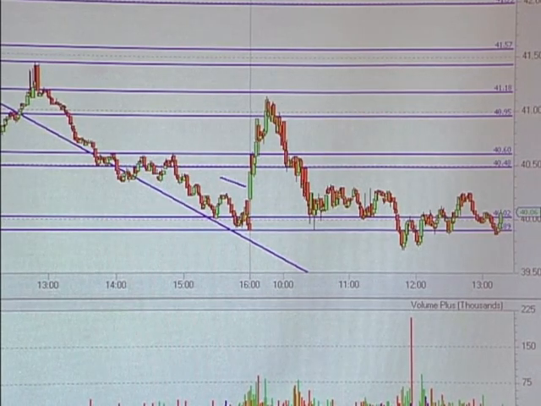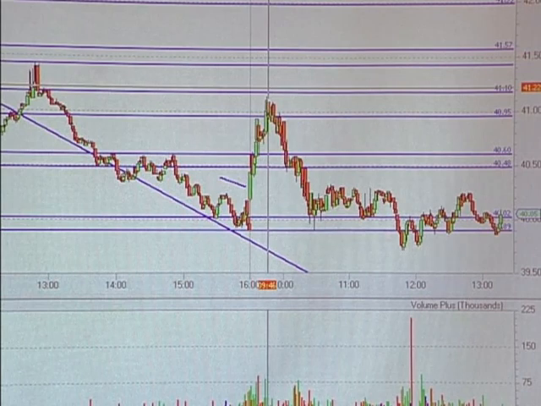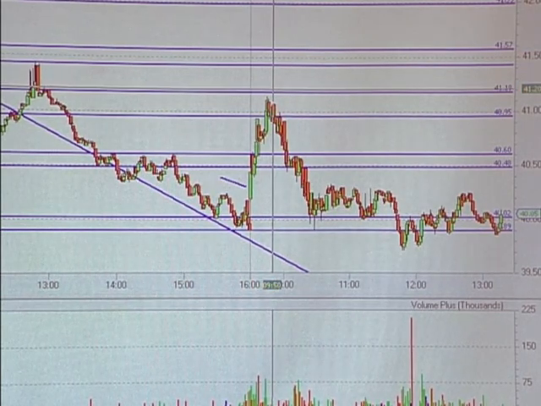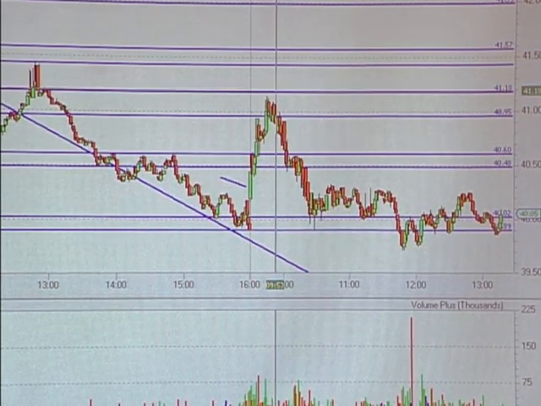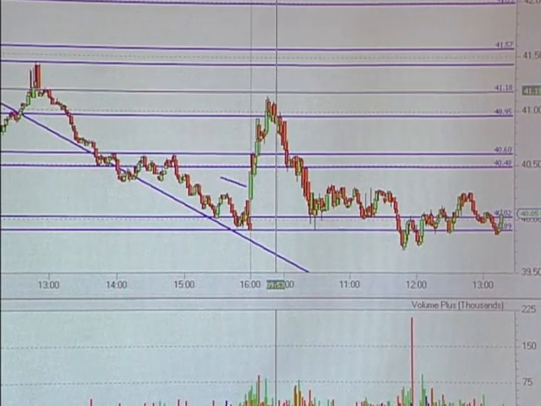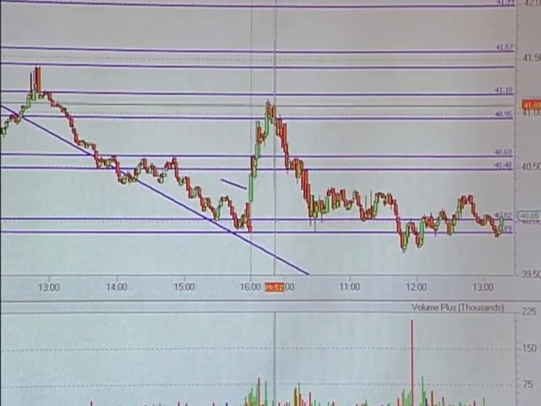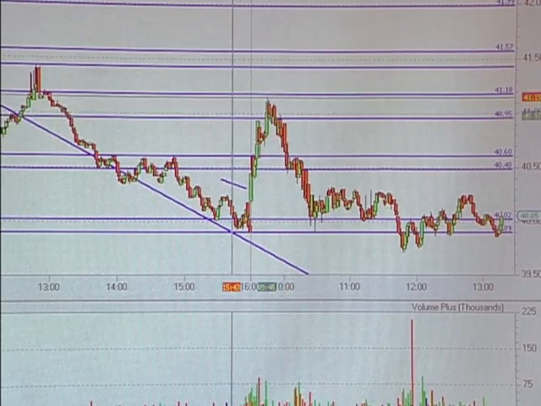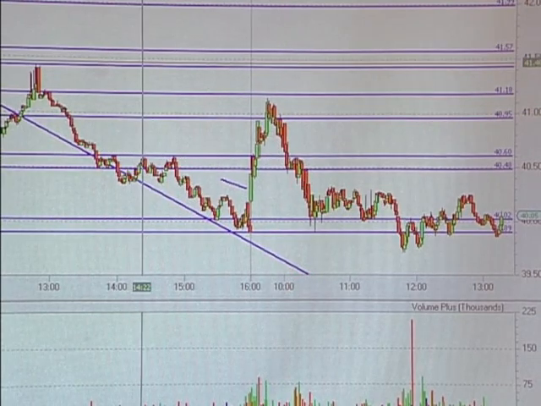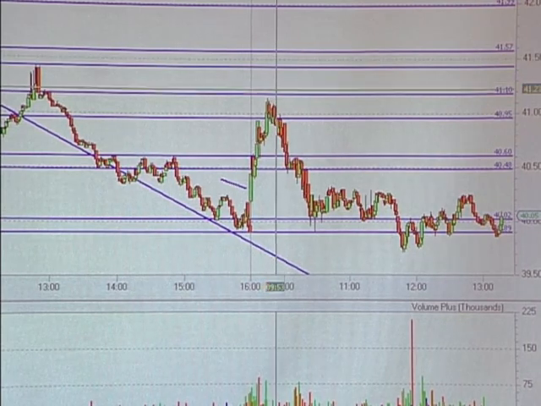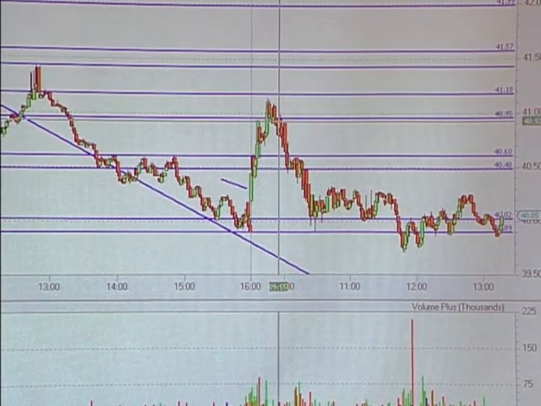Well, let's put a crosshair on this and have a quick look. And here is 9:50, here's 9:53, here's 9:55. Can everybody see that at 9:55 it has opened and closed just underneath our line? So we might wish to take a short right here.